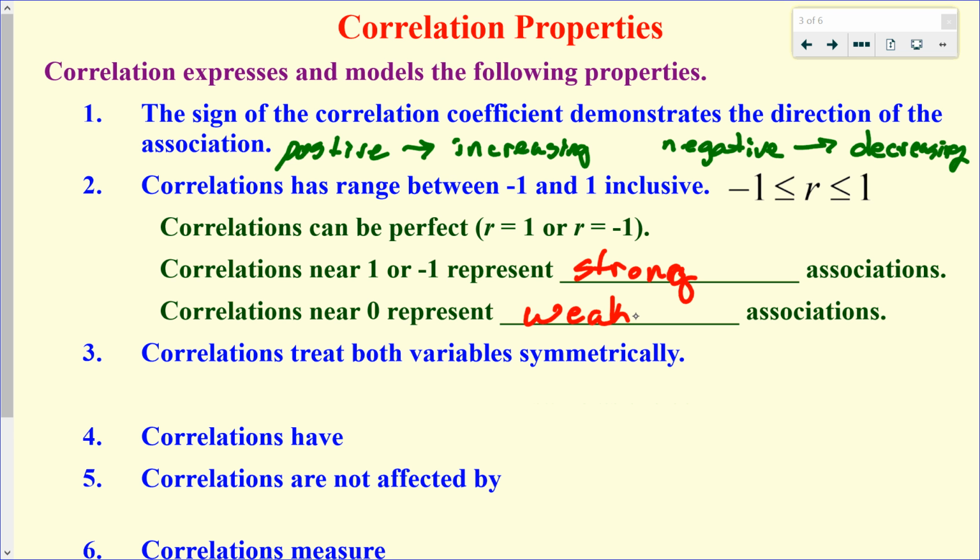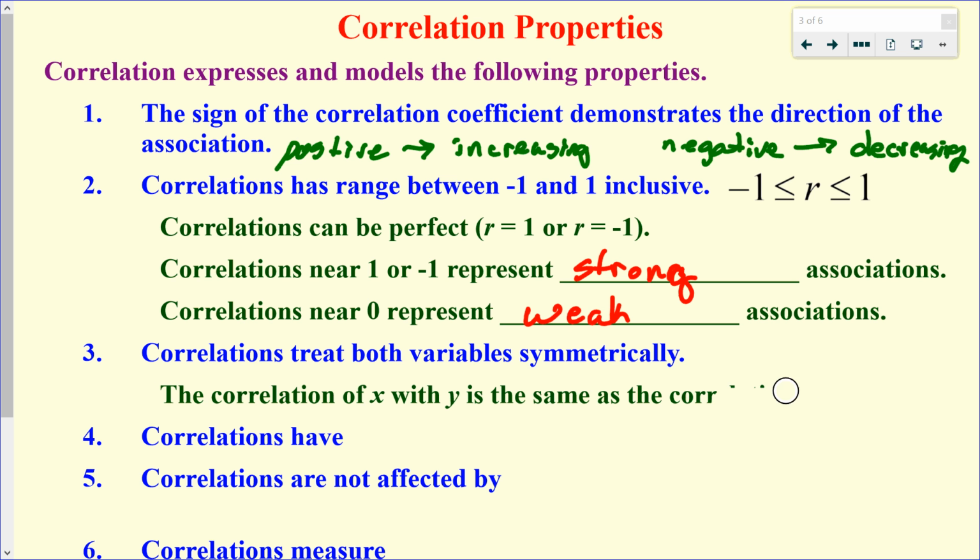And we'll talk more and more about what that means as we continue to explore it. Correlations are also symmetrical. Both variables are treated symmetrically. What that means is the correlation of x with y is the same as the correlation of y with x. The direction in which we calculate the correlation isn't going to change it.